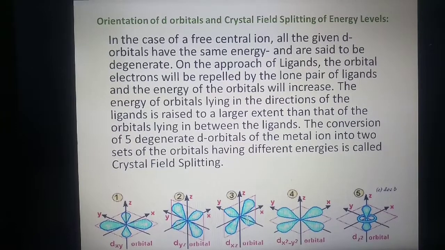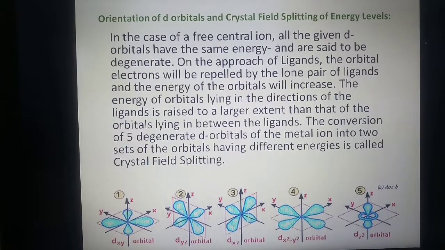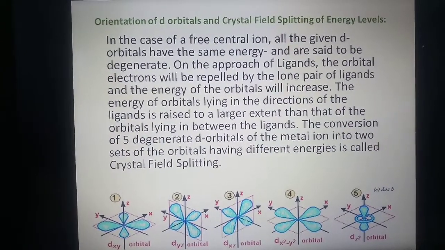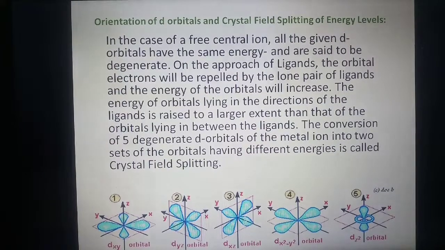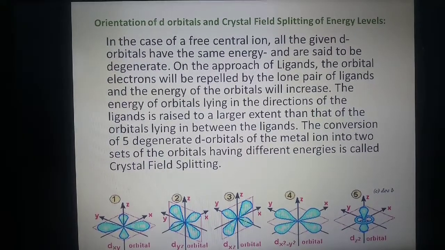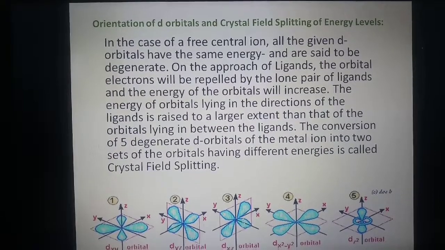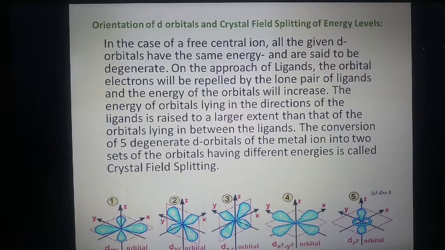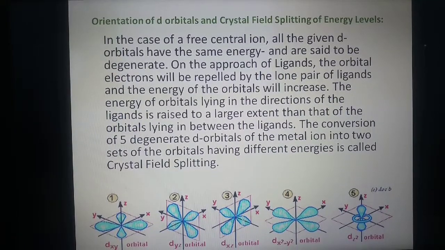Regarding the orientation of the d orbitals and the crystal field splitting of energy levels, in the case of a free central ion, all the d orbitals have the same energy and are said to be degenerate. On the approach of ligands, the orbital electrons will be repelled by the lone pairs of the ligands, and the energy of the orbitals will increase.